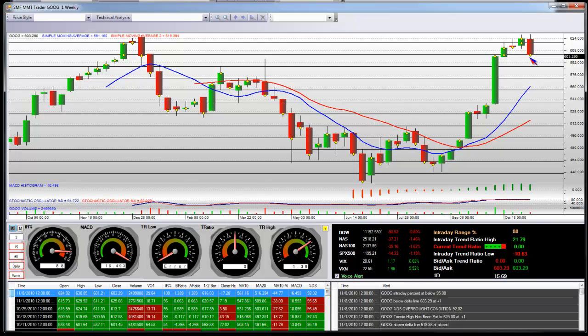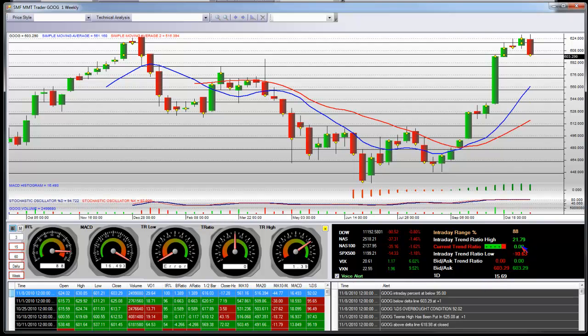But prior to that we would be looking at the weekly reversal on the Google chart right here in your platform, and each one of these lines is $15.69. That's a delta, MMTs.